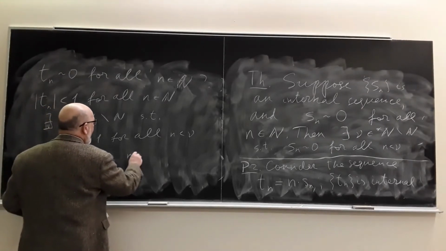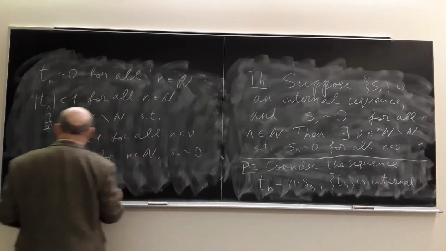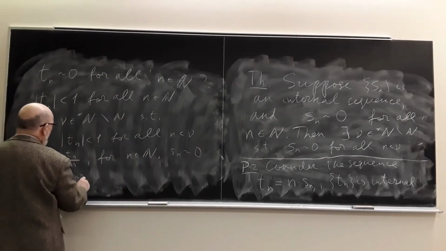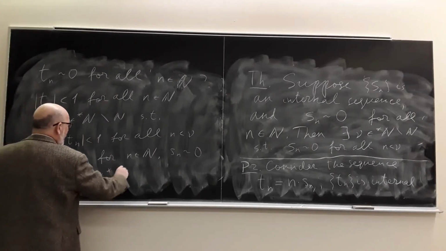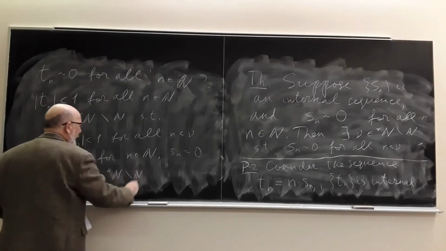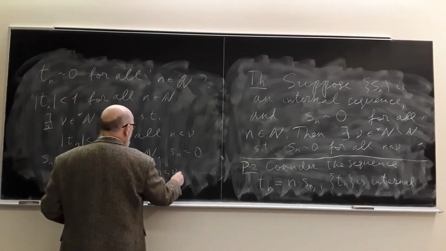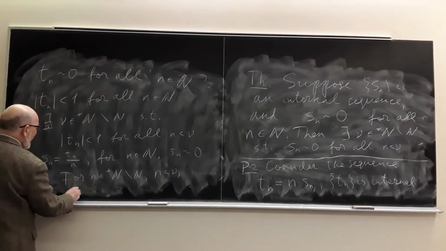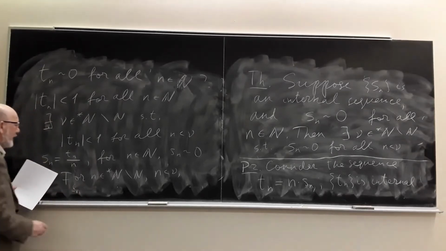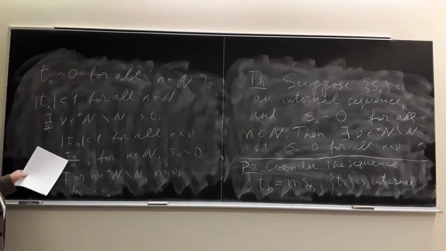For n in star N minus N and n less than nu, we have the following: modulus of Tn is less than 1 and n is infinite.